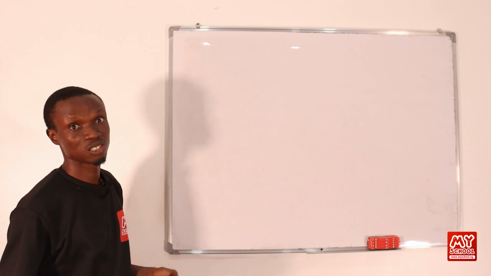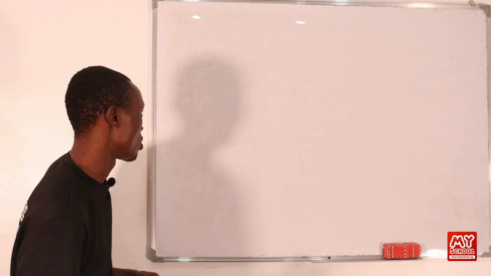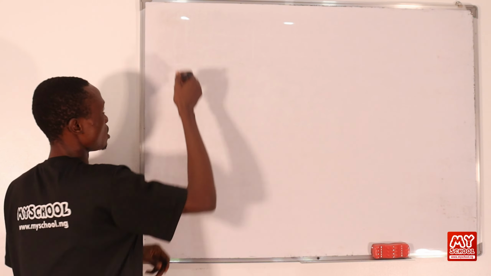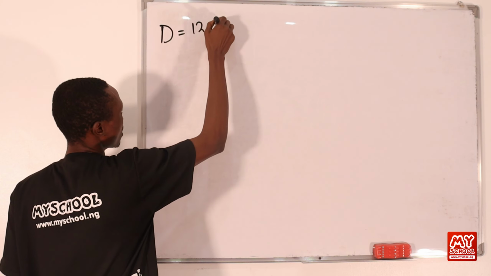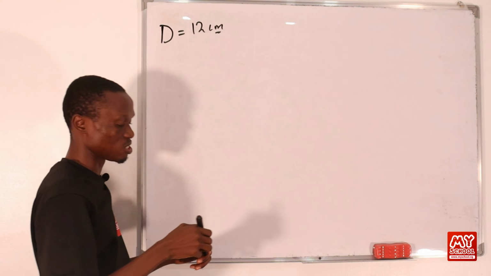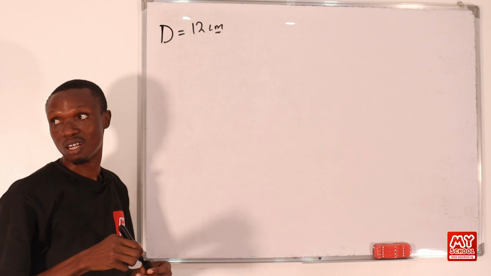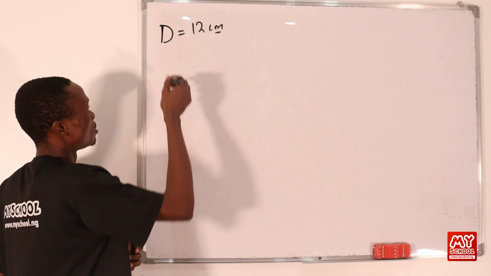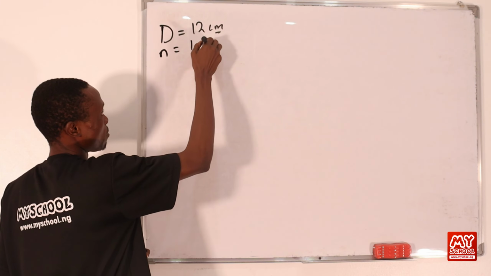First thing first is for us to write out the parameters that are given to us in the question. One of them is the real depth, which is D. In this case, the thickness of the glass represents the real depth, and that is 12 centimeters. We are also given the refractive index of the material to be equal to 1.5.